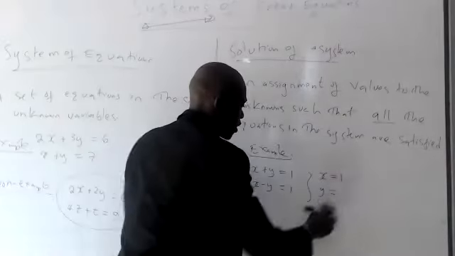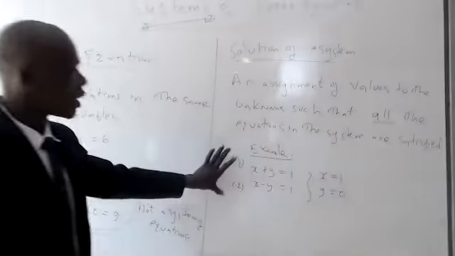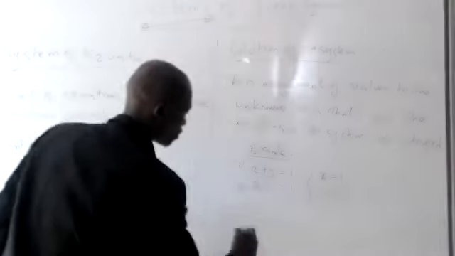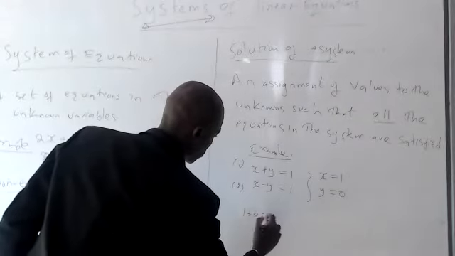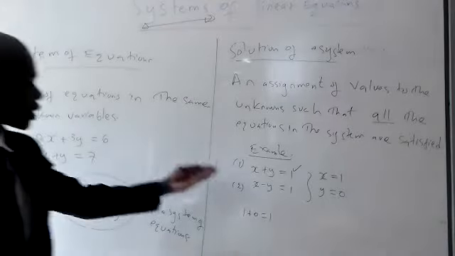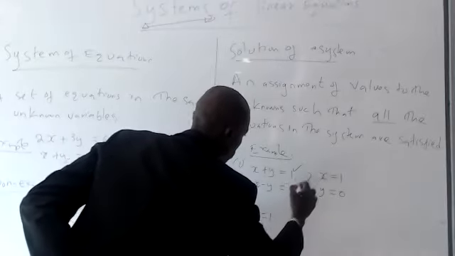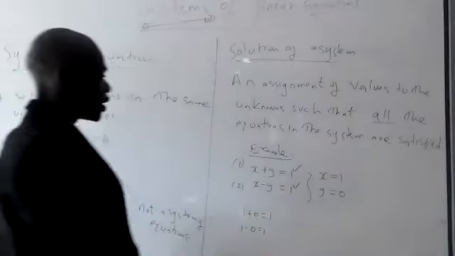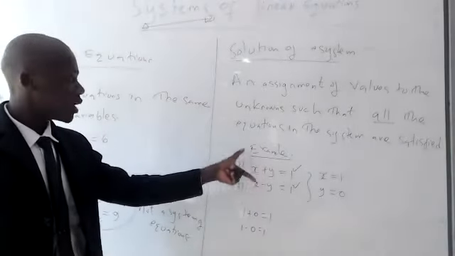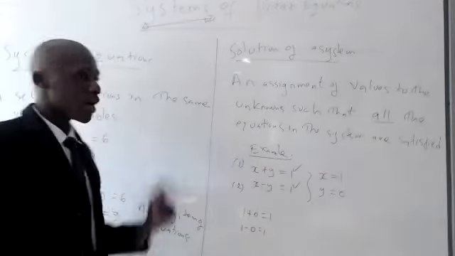To check that a given set is a solution to a system, just substitute the values in the system and check if all the equations are satisfied. For example, the first equation, 1 plus 0 is 1, checked, that's obeyed, the equation is satisfied. The second one, 1 minus 0 is equal to 1, that is also satisfied. So it is true that 1 and 0 are a solution to this system, where x and y are unknown.